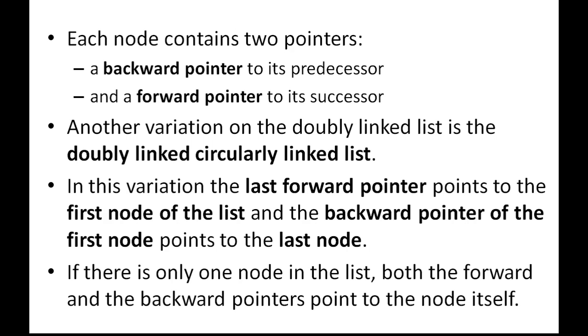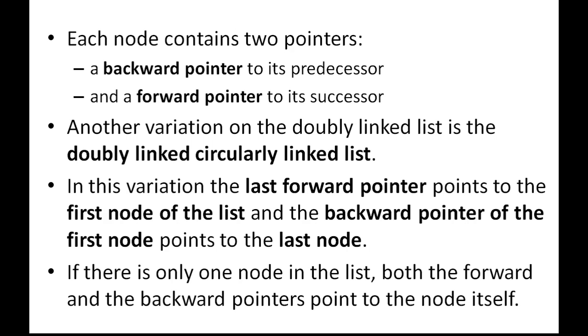Also, there is a variant of the doubly linked list called the circularly linked list. The difference is that in the circularly linked list, the forward pointer of the last node is assigned the address of the first node. Similarly, the backward pointer of the first node is assigned the address of the last node. So it becomes like a chain or a cycle.